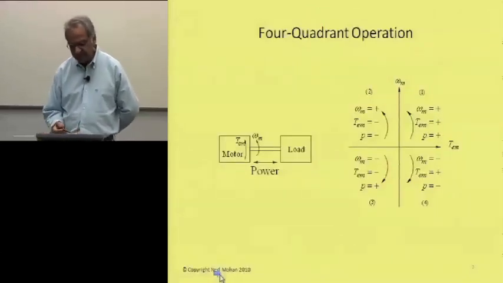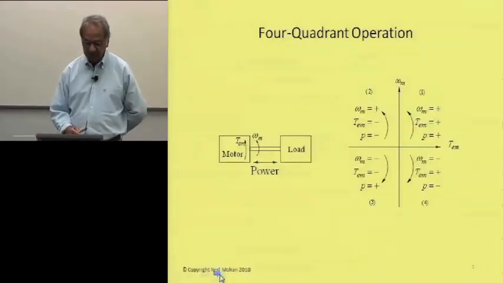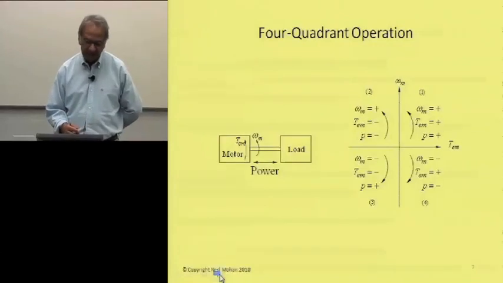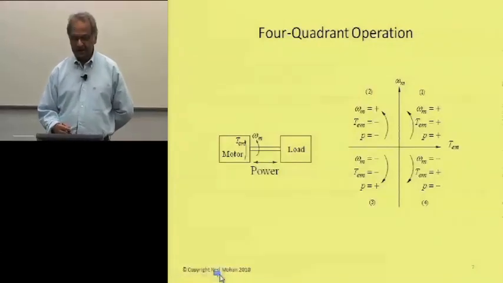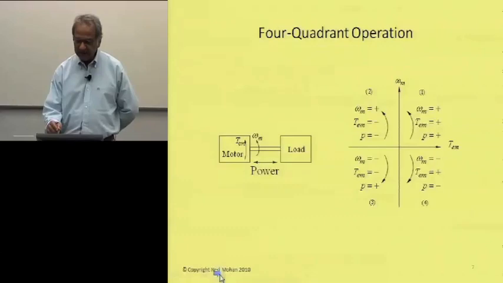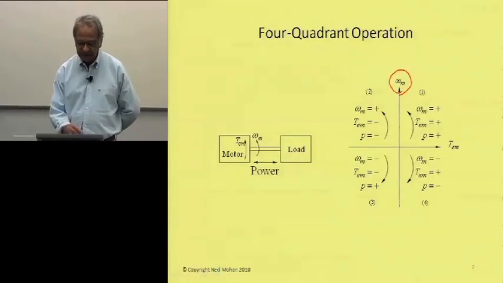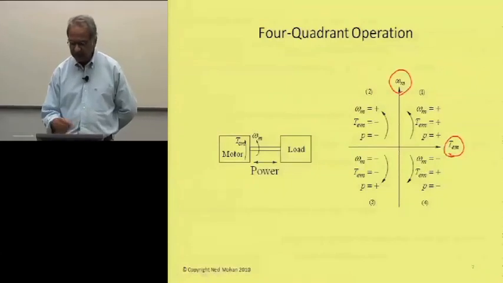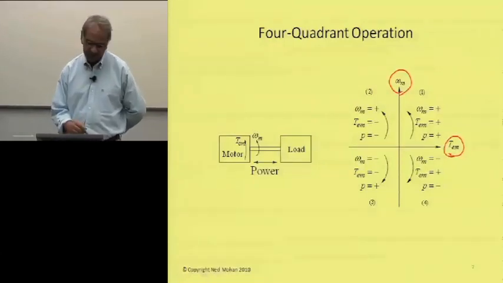In these systems, using electric drives, not just this motor, but the motor is just a part of the electric drive arrangement, we can have a four-quadrant operation. Here the speed of the system is plotted against the electromagnetic torque. Let's say this motor is operating in the forward direction.